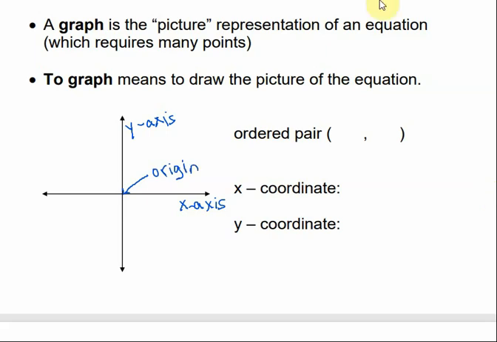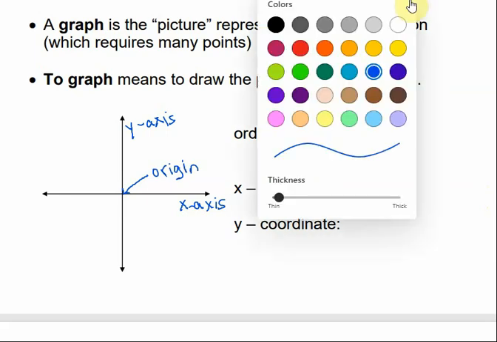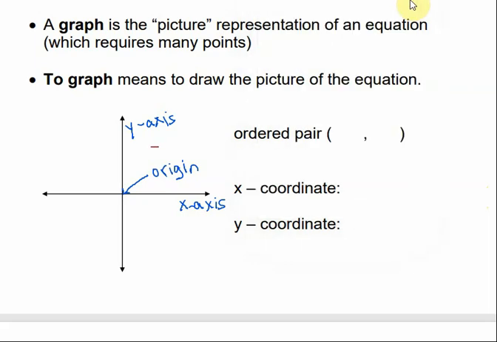And then, like I said, these four boxes that it's divided up into, those are called quadrants. So this would be quadrant 1, and then we go counterclockwise, quadrant 2, quadrant 3, and quadrant 4.